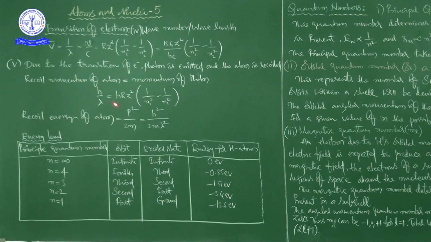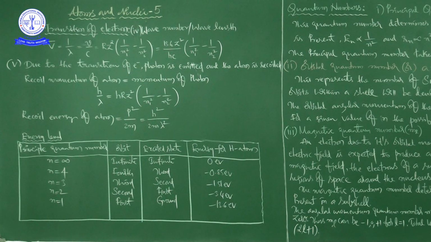Recoil momentum of atom is equal to momentum of photon. Then recoil energy of atom is equal to p square by 2m, that is equal to h square by 2m lambda square. This is the expression for recoil energy of atom.